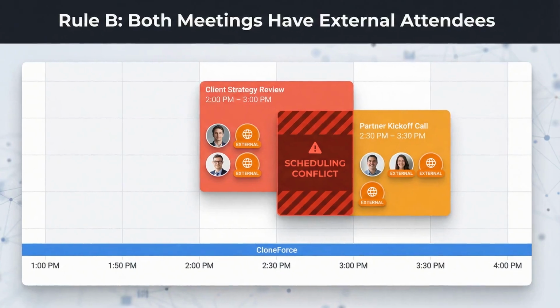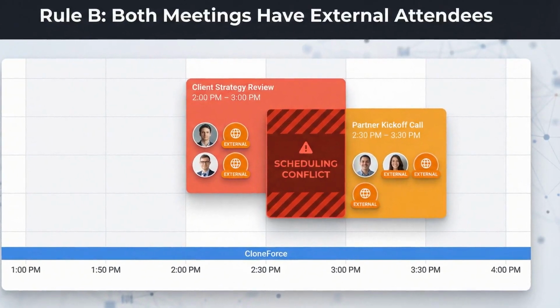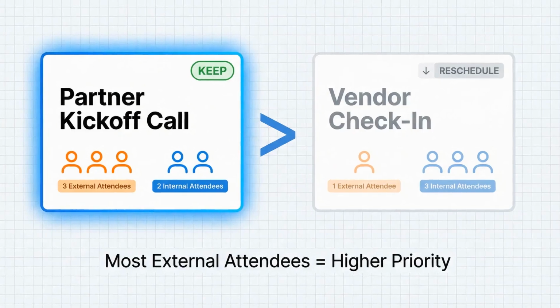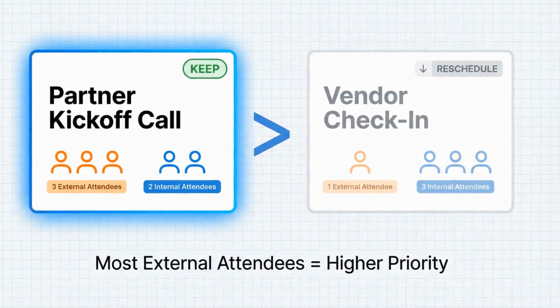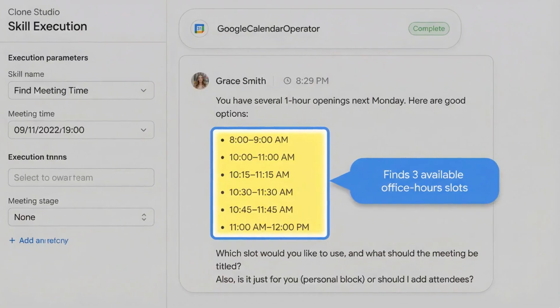Rule B handles the trickier scenario, when both conflicting meetings have external attendees. In this case, the system keeps the meeting with the most external attendees, treating that as the higher priority engagement. But here's where it gets smart.